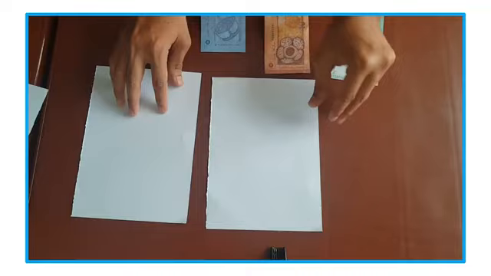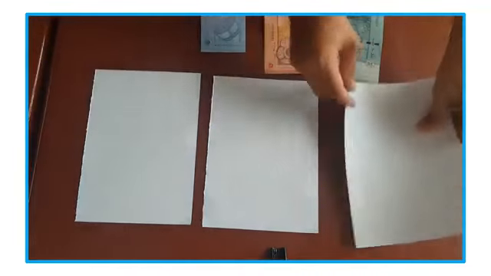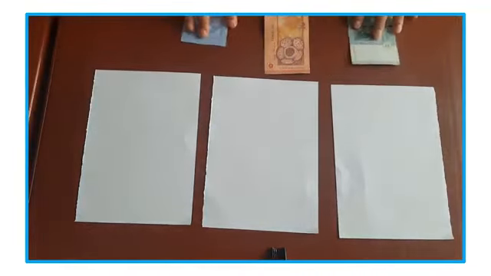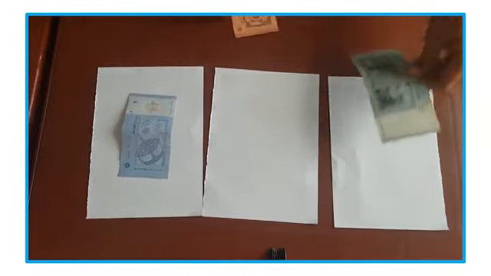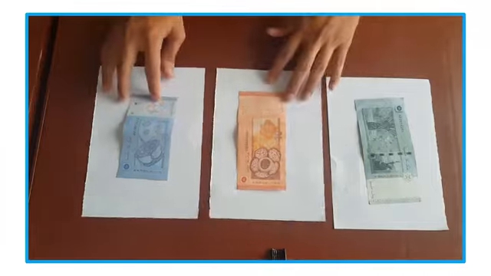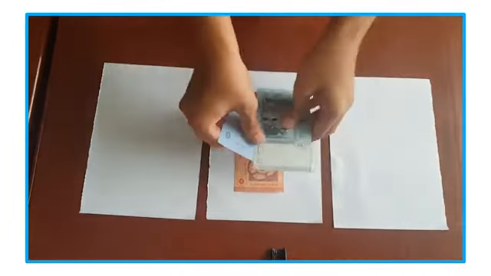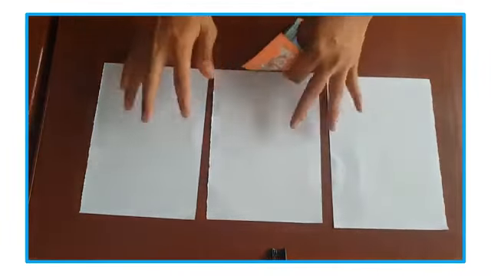Now let's see. We have 3 places: the first place, second place, and third place. We would like to arrange blue here, red here, and green here. We start with our first place.